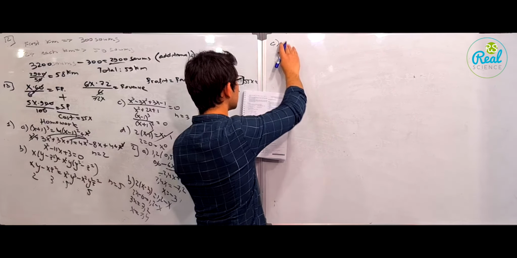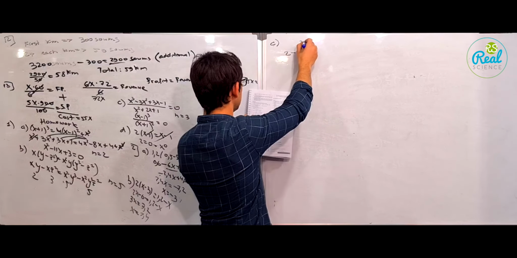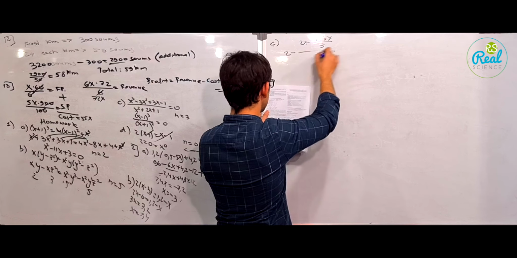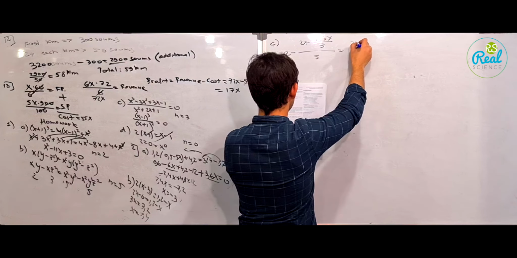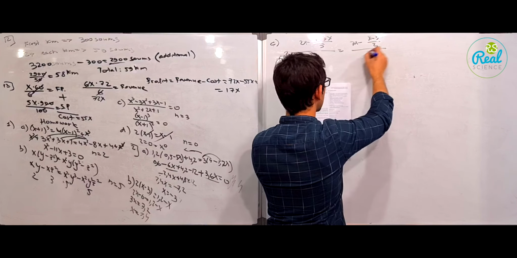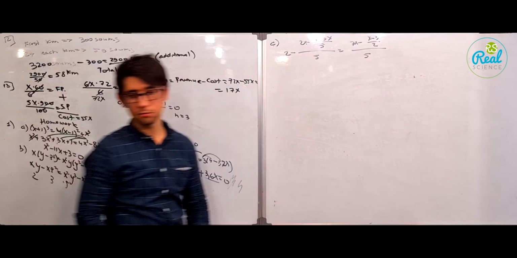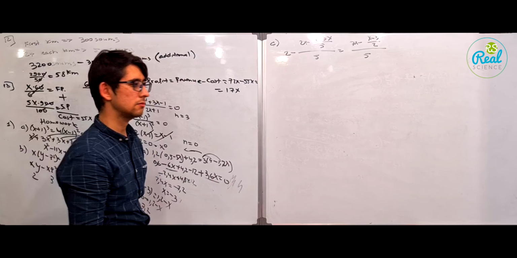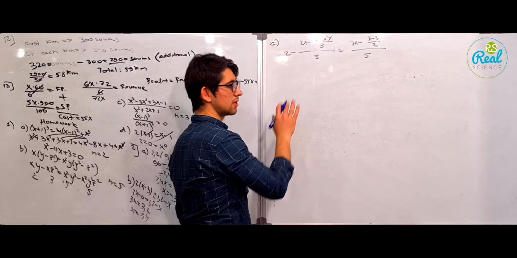2 minus, okay, let's start from here. 2 minus (2x minus 4 minus 3x over 5) over 5 equals (7x minus (x minus 3) over 2) over 5. So how can you calculate it? First of all, let's give a common denominator, okay?